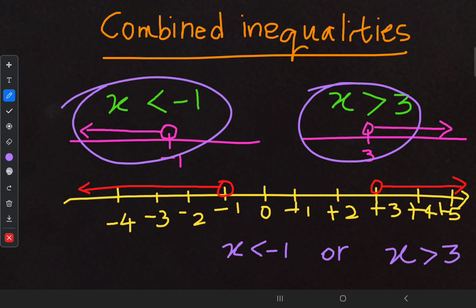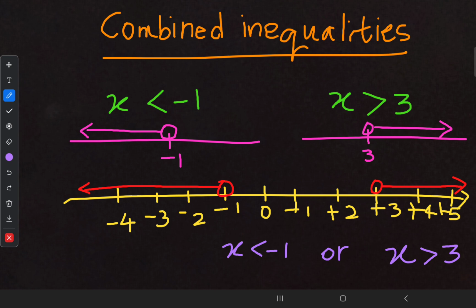In this case there is no combination. Combination means a resultant region, that means one inequality coincides with another one. These are two different inequalities in two different manners. So you have to mark your answer finally something like this.